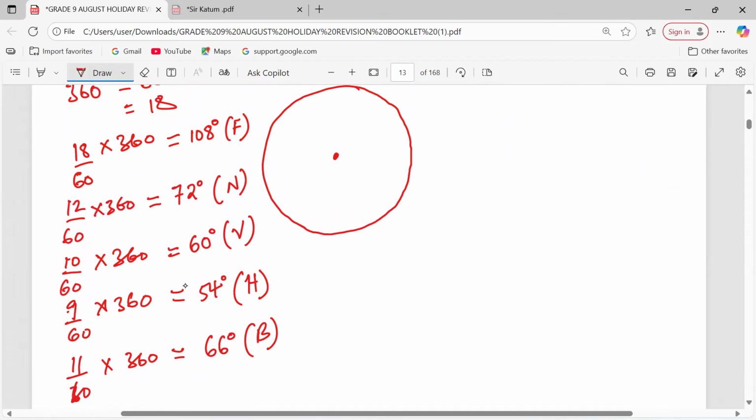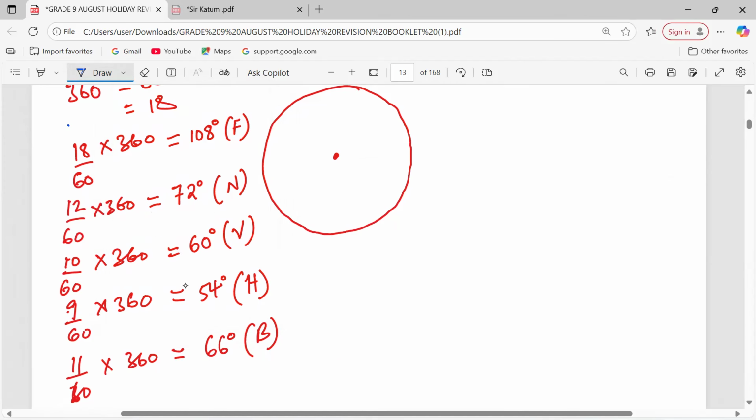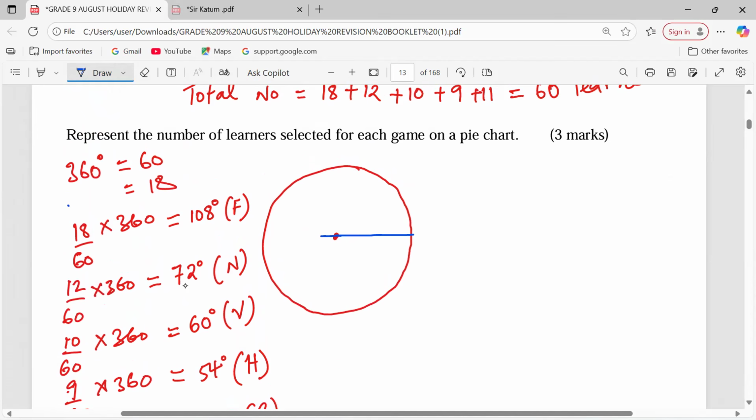So now we use our protractor very well. I'm first drawing a straight line here, a very straight line like that. Then standing at the center of the circle, I will measure the first angle to represent football, which is 108.